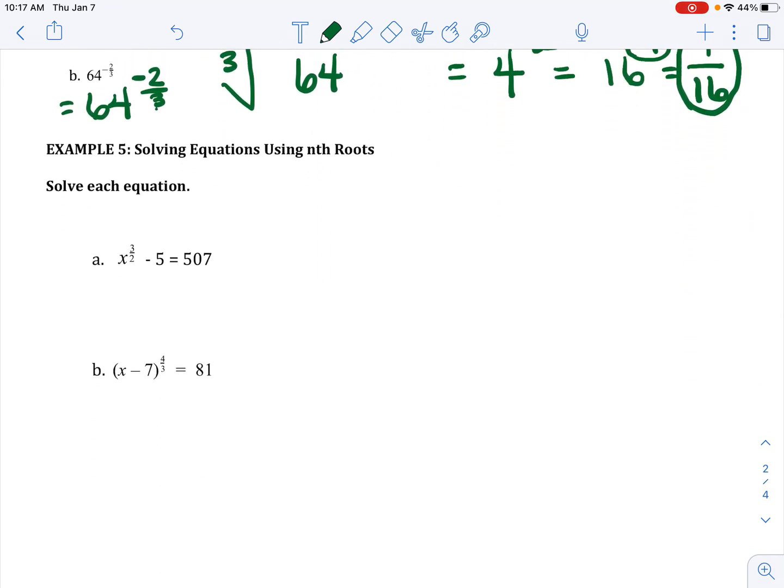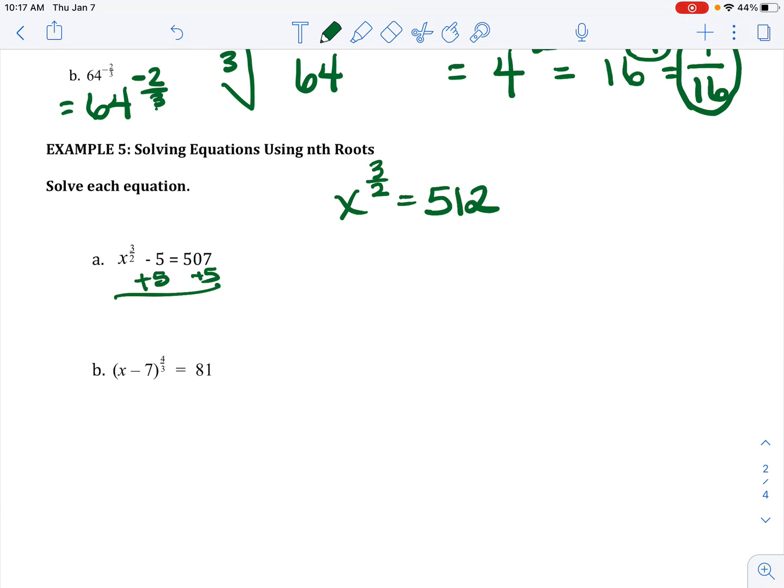Okay, so what about this? Well, here we've got a problem that's an equation. So the easiest way to do this is first add 5 to both sides. So we have x to the 3 halves is equal to 5/12.